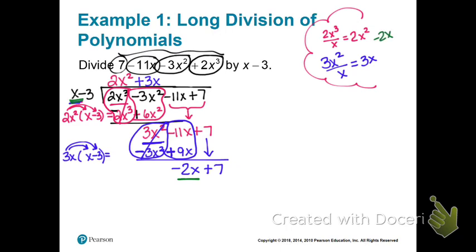Negative 2x divided by x, our x's cancel and we get, so I'm going to put negative 2 up here. Then multiply that to the outside. So negative 2 times the x minus 3.